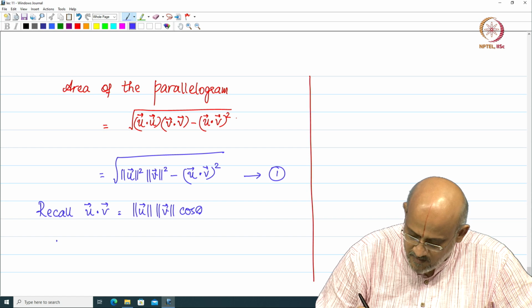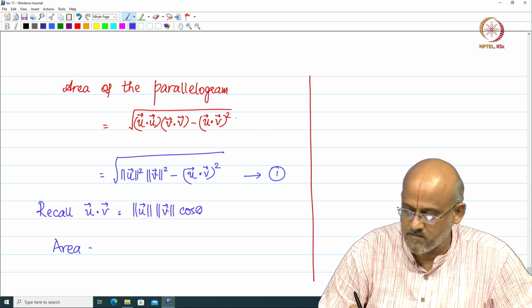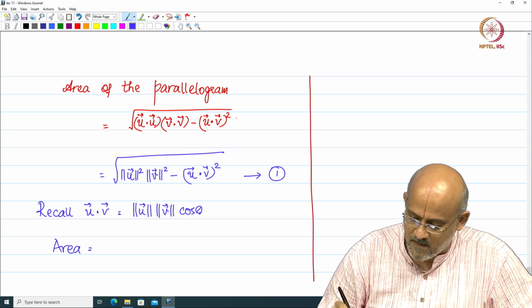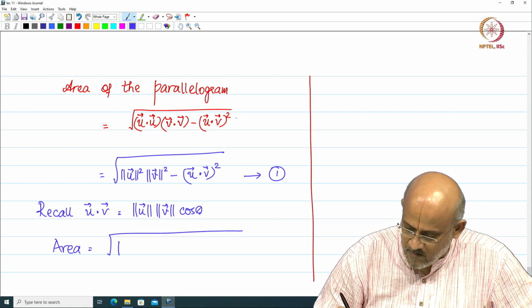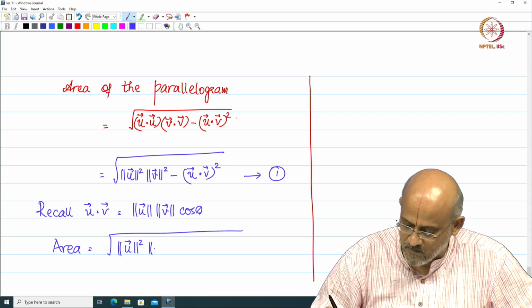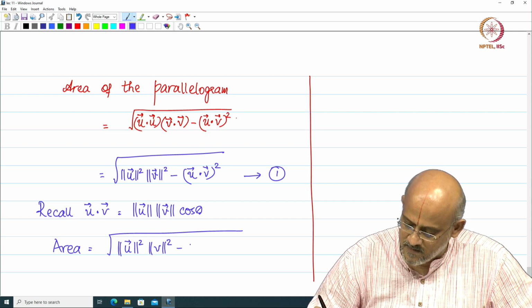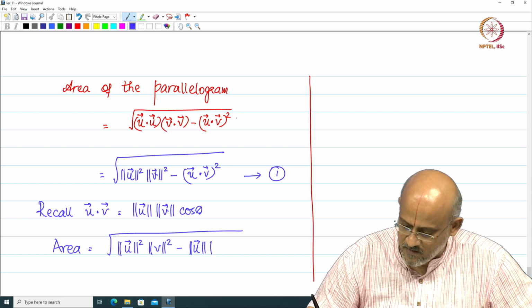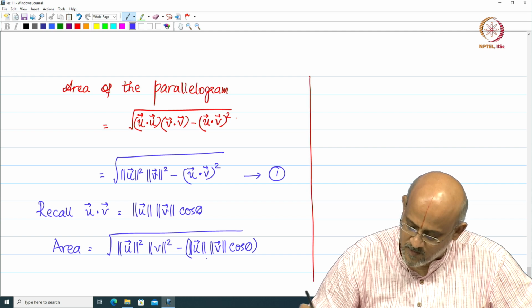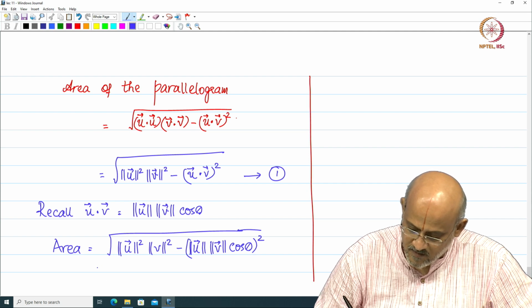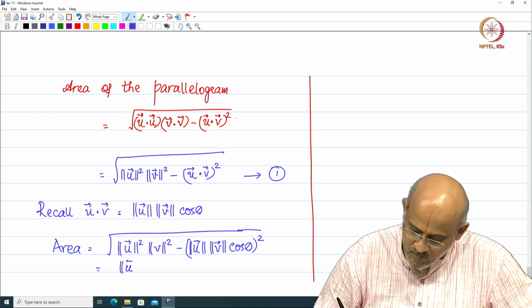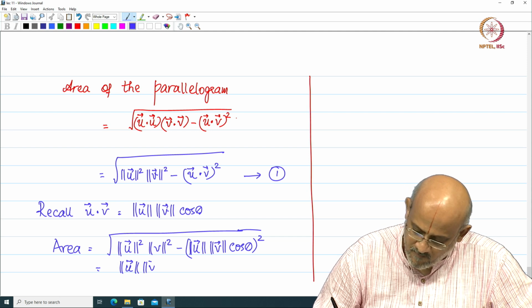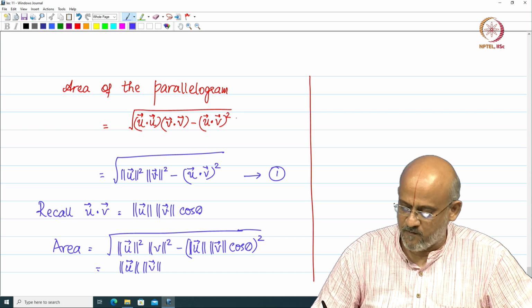So, we are going to get the area equal to the square root of the squared length of u, squared length of v minus u into v into cos theta the whole square, which turns out to be the length of u times the length of v times the square root of 1 minus cos square theta.